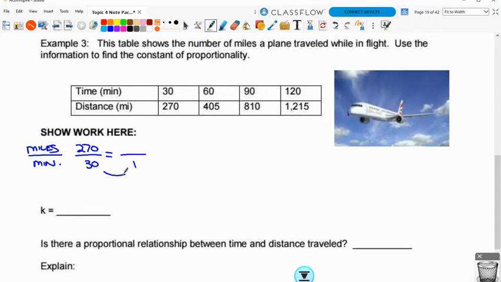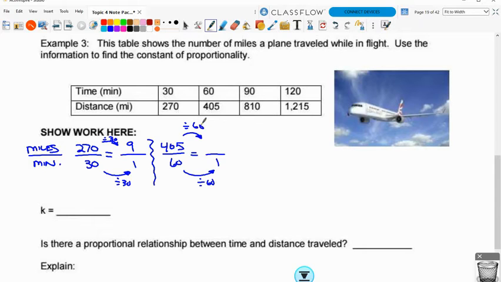Let's get our unit rate here by dividing by 30. If you do 270 divided by 30, that's going to give you a value of 9. So the unit rate there is 9 over 1. The next set of data, the plane goes 405 miles in 60 minutes. Get your unit rate by dividing each of the numbers by 60.